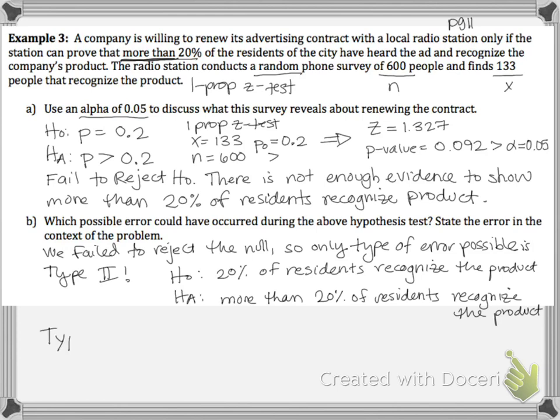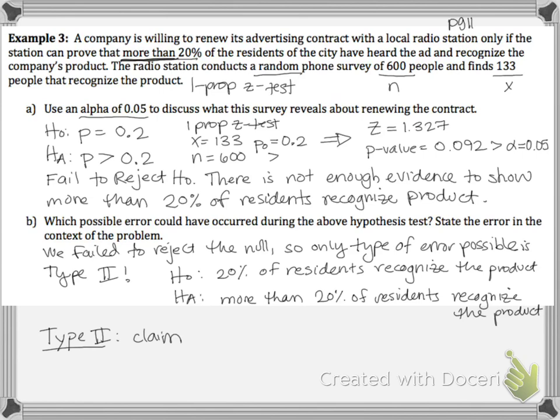So type 2 error. We claim that, remember, we failed to reject. So failing to reject, if we put that into context here, means there was no change that occurred. So here we claim that the recognition stayed the same, right?